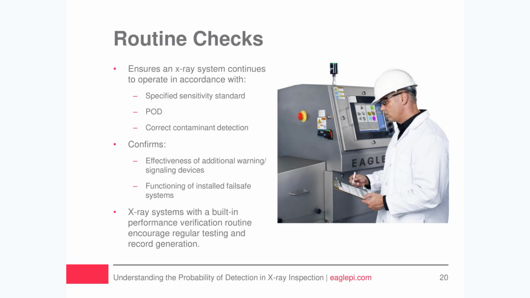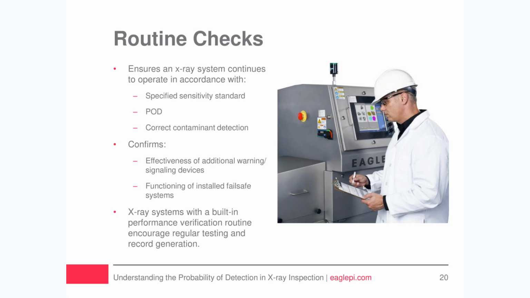For example, the various alarm conditions, reject devices are working, emergency stops are working, the safety system is okay, and that all of the installed fail-safe systems are functioning correctly, such as the reject confirmation, bin full warnings, and low air pressure sensors.